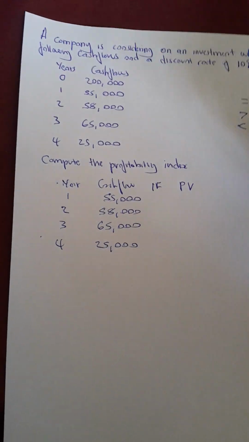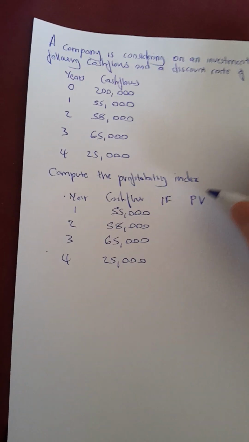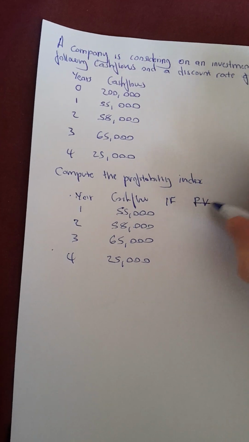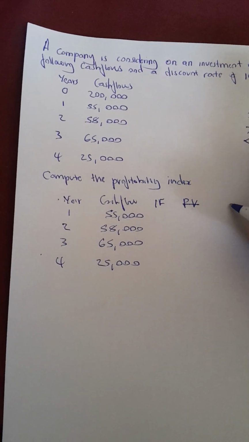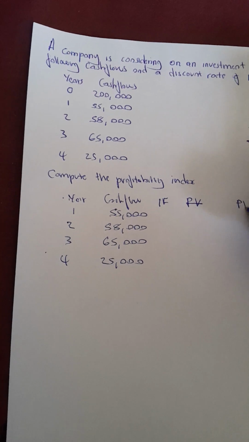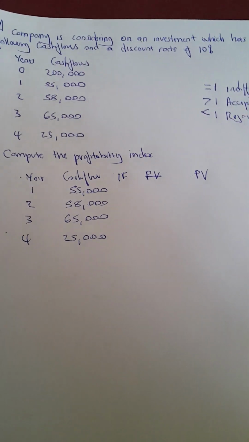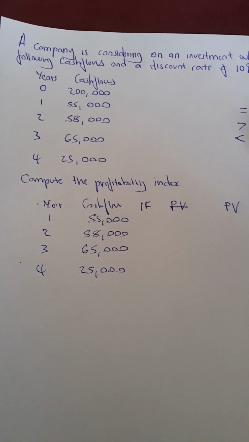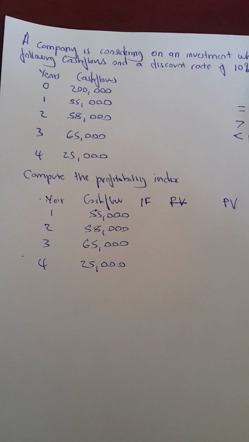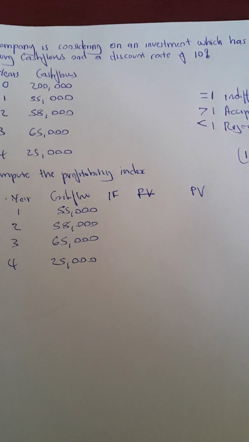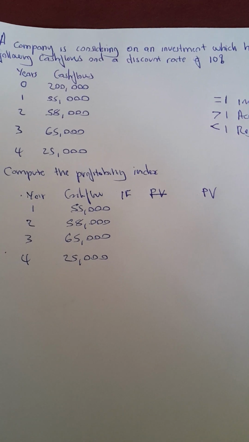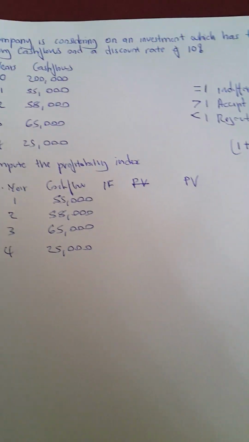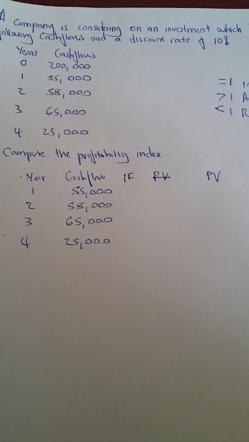So the next part is to compute the interest factor. To compute the interest factor, you take 1 plus r raised to power negative n, r being the rate and n being the number of years.